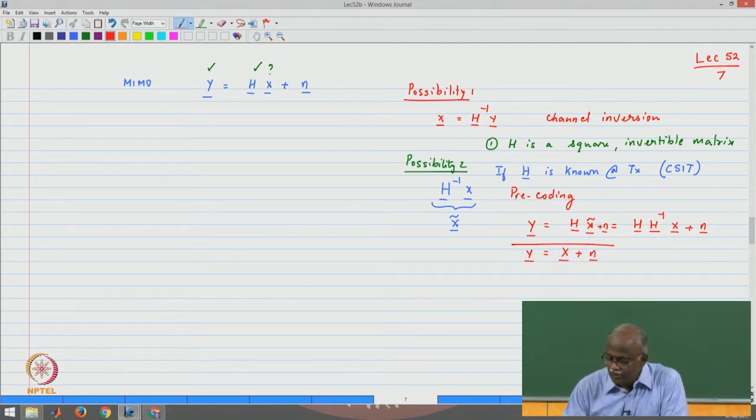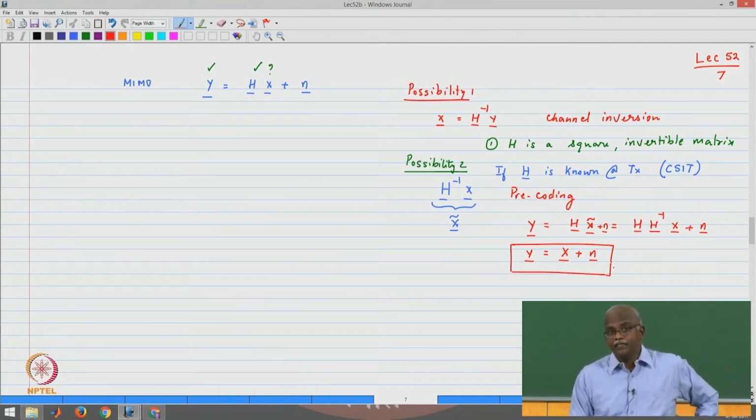So, in other words, we are able to obtain the received signal as a signal or a decision process where you do not have the effect of the inter-antenna interference. Again, we are able to make a decision independent of the others.